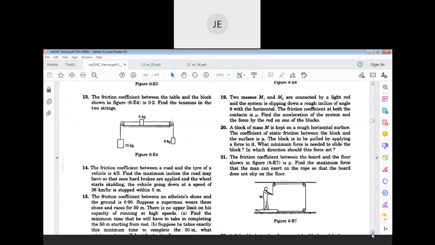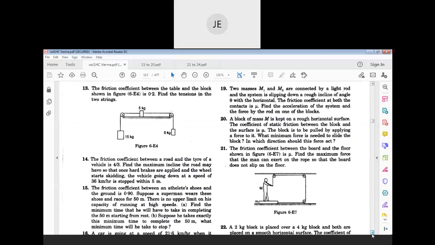Next problem, 21. The friction coefficient between the board and the floor shown in the figure is mu. Find the maximum force that the man can exert on the rope so that the board does not slip on the floor.